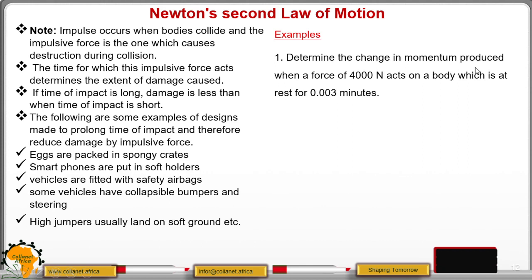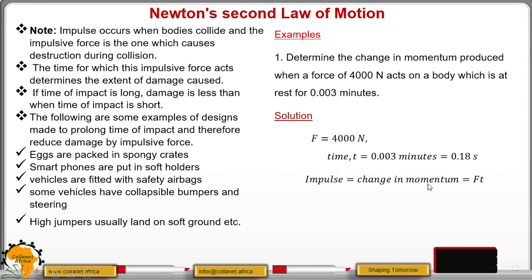Then from there we look at examples. Determine the change in momentum produced when a force of 4,000 Newton acts on a body which is at rest for 0.003 minutes. We proceed as follows. F is 4,000 Newton. Then the time is 0.003 minutes, which is equivalent to 0.18 seconds.